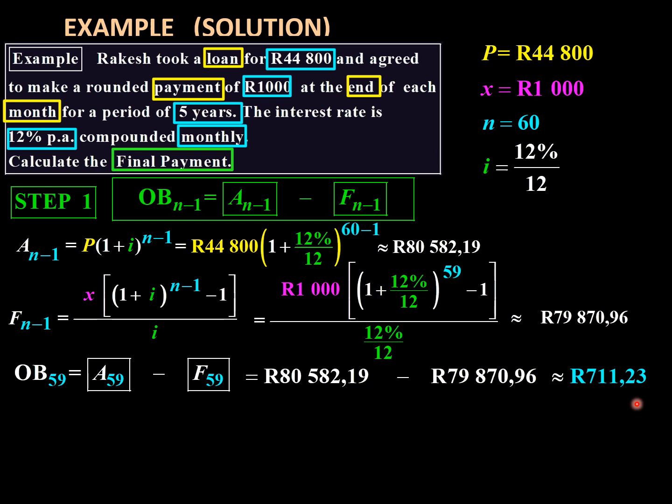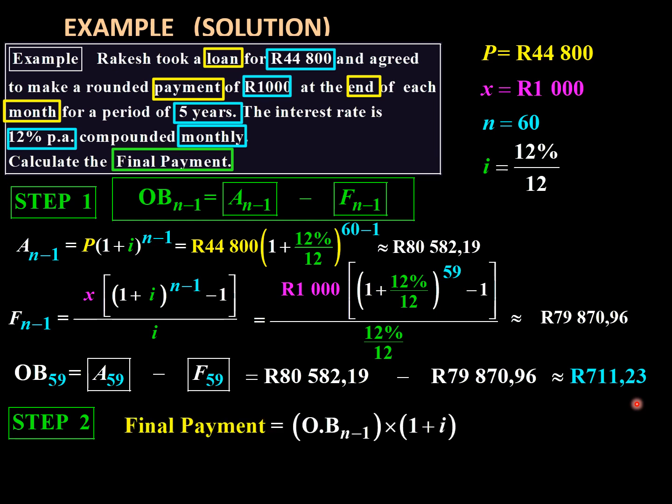Now the final payment would be our step 2. The final payment is that amount, which just needs to have 1 month more of interest, right? So the final payment would be that outstanding balance times 1 more month, 1 plus i.